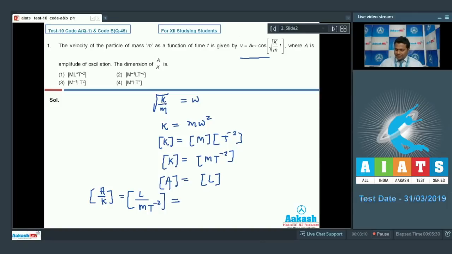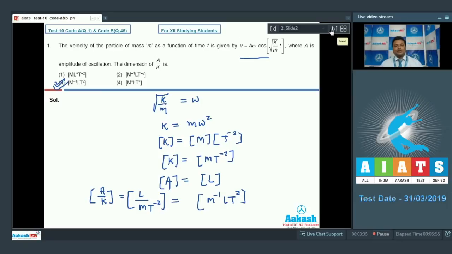After solving, we will get M^-1 L T^+2. So the dimensional formula for a by k will be M^-1 L T^2. After looking at the options, we can say that we will have to go with option number 3.